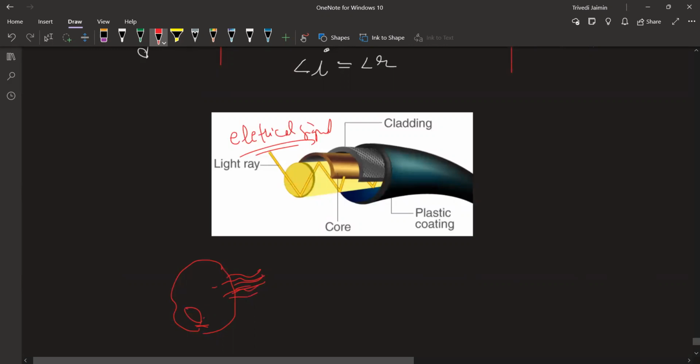It will sense the signal. The rays are entering here. It will sense that image, and as an electric pulse, it will send it to the brain. The brain will interpret what object it is, its shape. There are also other tissues, rods and cones, and we'll see that later.